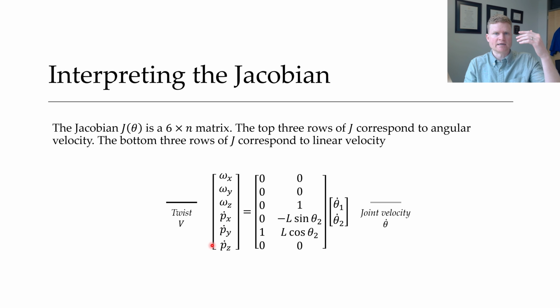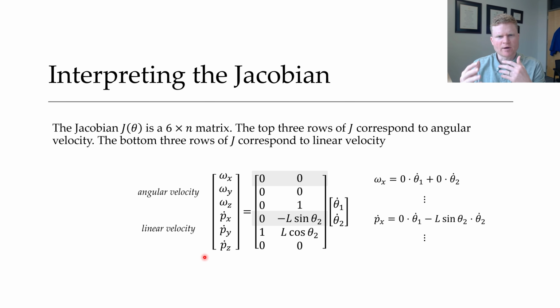The linear velocity p x dot in the x-axis, p y dot in the y-axis, and p z dot in the z-axis. So I've got angular velocity and linear velocity. Again, both of those are in x, y, z. All right. So let's just think about the matrix multiplication that occurs here. So if I multiply my Jacobian by my joint velocity, what am I getting for these different values?